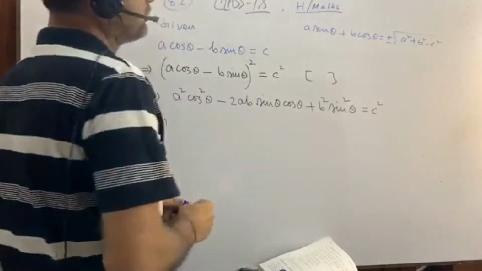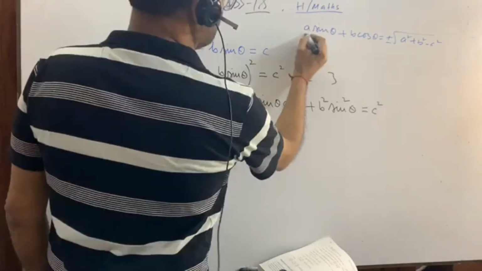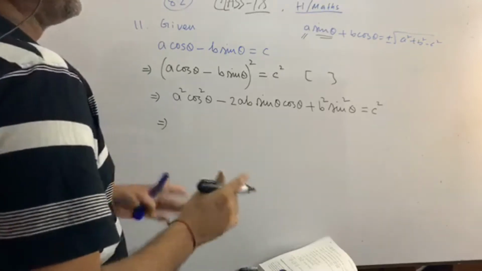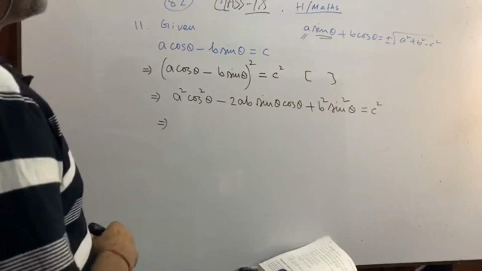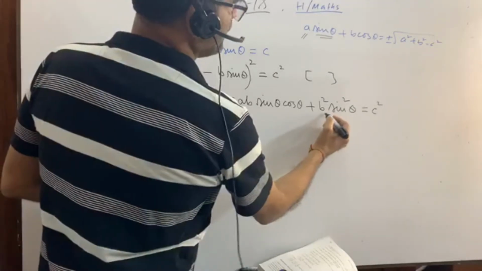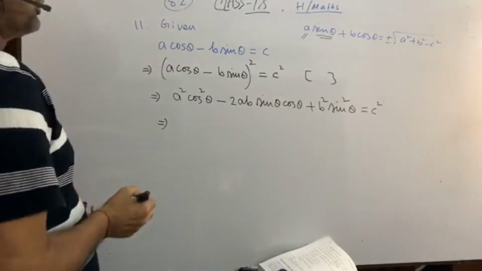Now you see, my dear students, what is the coefficient of sin theta here? The coefficient of sin theta here is a. But unfortunately we have b square as the coefficient of sin square theta. So what is to do?